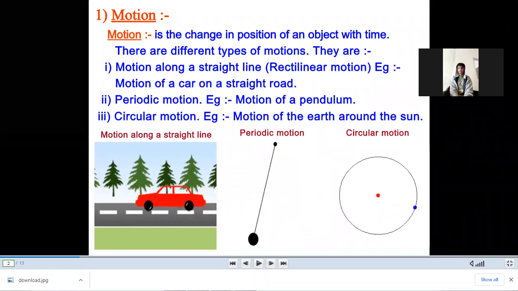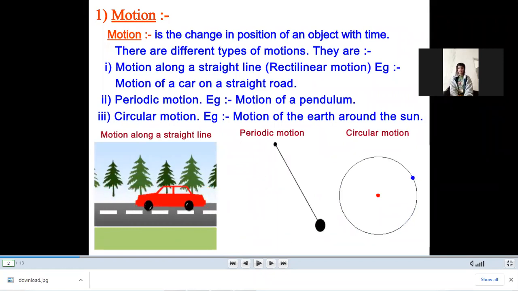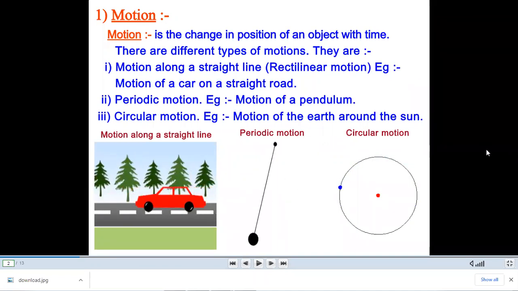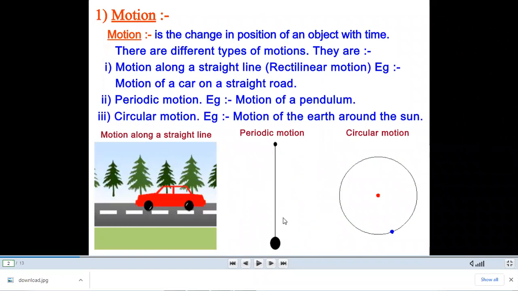Periodic motion is the motion which repeats itself after a fixed interval of time. But you can see here this is in motion because it changes its position with time.